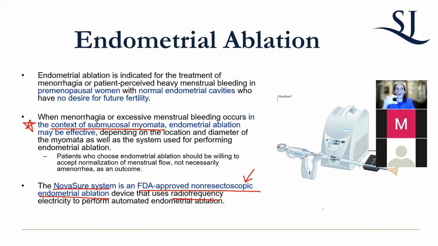There were other ones, called a ThermaChoice, that I actually used as an intern, where you basically filled up a membrane with extremely hot water, and that would cauterize the endometrium. So even if there was a myoma in the endometrium, it really didn't matter because it would go around it.